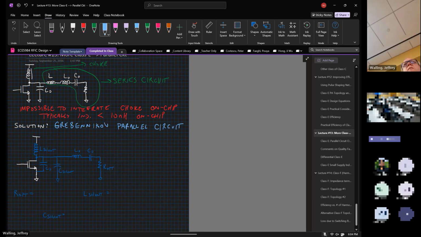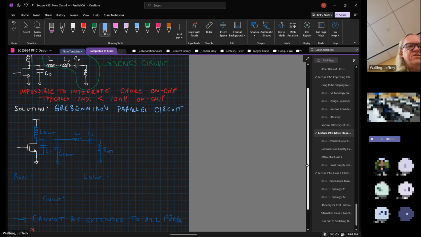He came up with this parallel circuit. What does this parallel circuit look like? Well, he just made a couple of key modifications to the network.